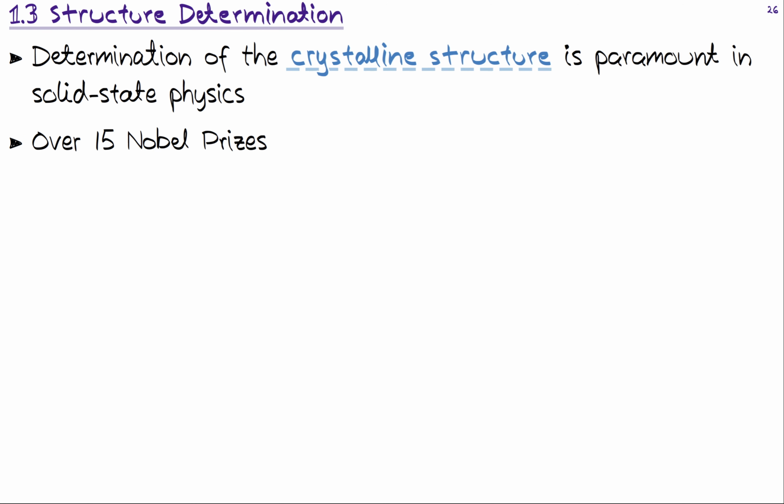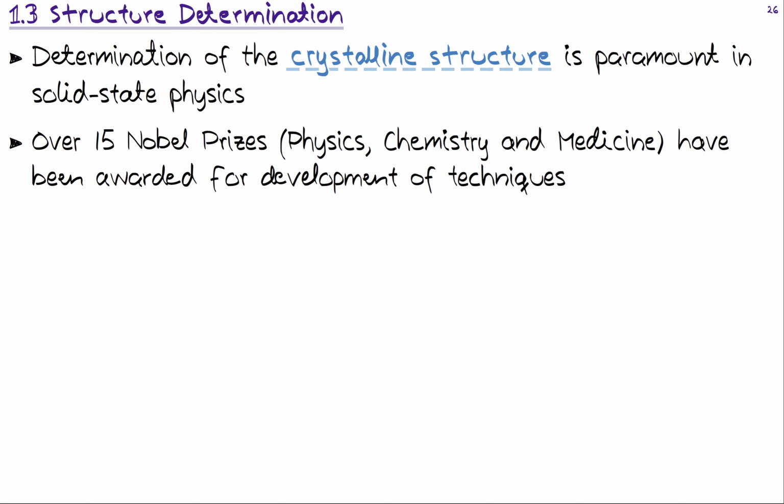Another way of hammering home the importance of X-ray diffraction and structure determination is that over 50 Nobel Prizes, not just in physics, but also in chemistry and medicine, have been awarded for the development of techniques that can be used to understand the crystalline structure of different solids and materials.